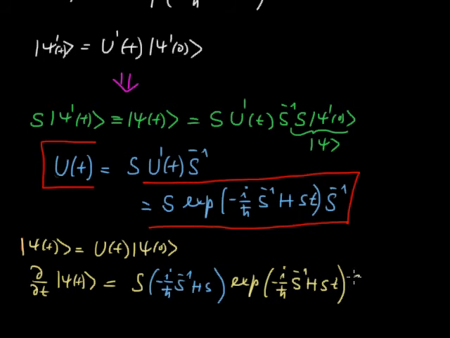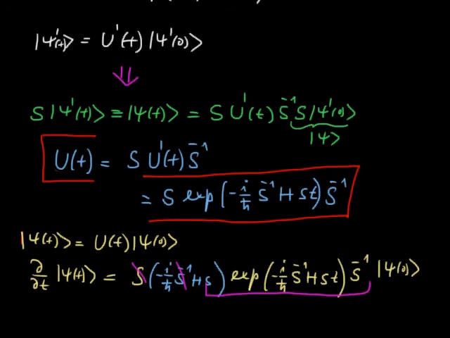Alright, so the last thing to do here is this S minus 1, and now you see the whole trick is that this kills this, and from here to here it's the U. I forgot one thing that is sitting up here, that's the initial condition, and this is U multiplied by the initial condition, and in front of that I see just minus i divided by h bar multiplied by H. So that is the Schrödinger equation.